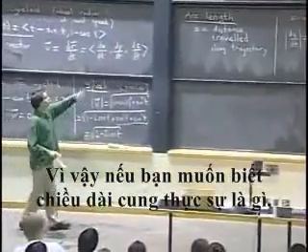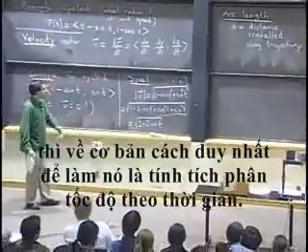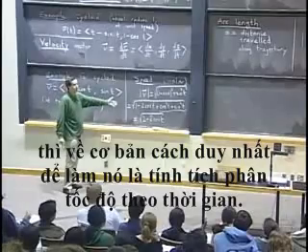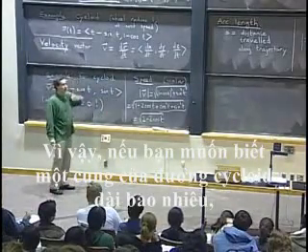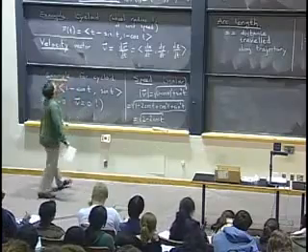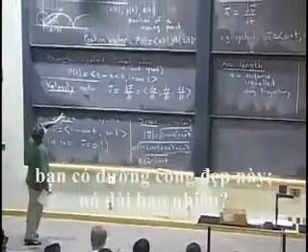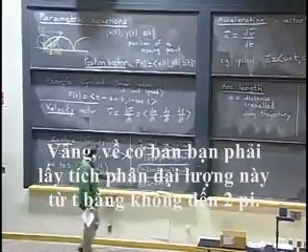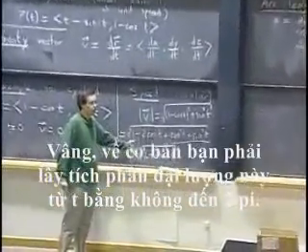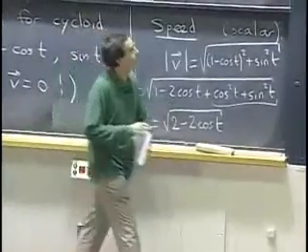So if you want to know really what the arc length is, then basically the only way to do it is to integrate speed versus time. So if you wanted to know how long an arch of cycloid is, you have this nice looking curve, how long is it? Well, you'd have to basically integrate this quantity from t equals 0 to 2 pi.